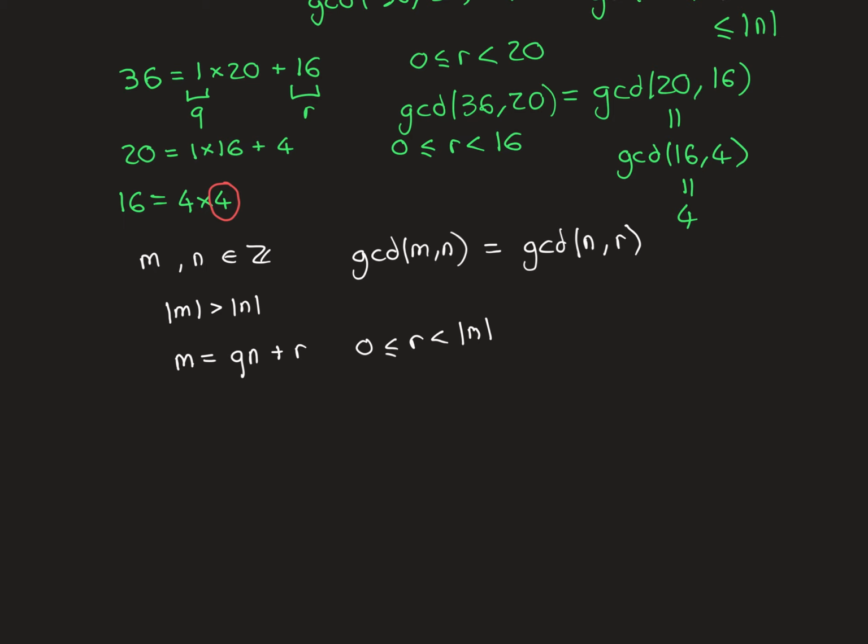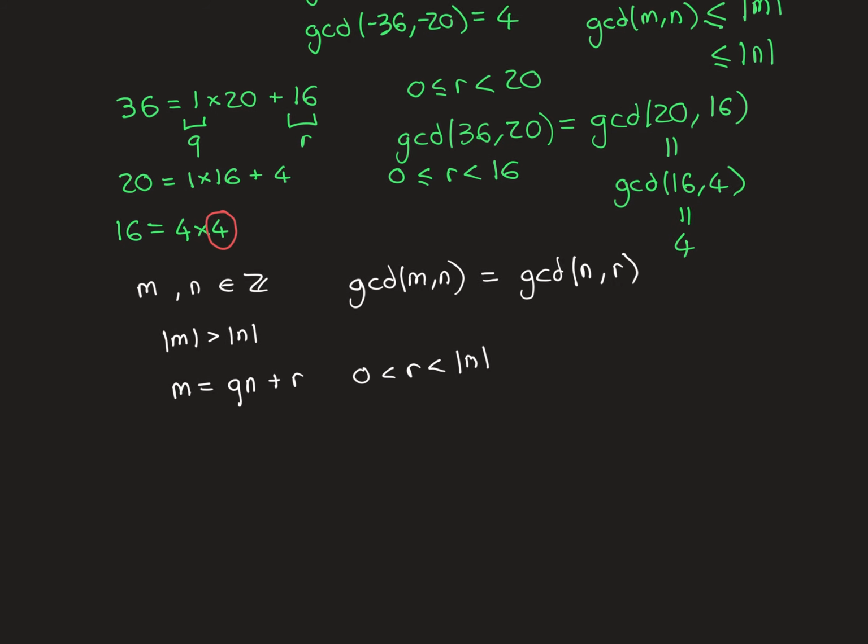And in fact, I'll delete this "is equal to" here. We're really only interested in the case when the remainder is non-zero, so it's going to be strictly positive. We want to understand why this is going to be true in that case. The way we can show this is we can show that any divisor that is a common divisor of m and n is also going to be a common divisor of n and r, and anything that is a common divisor of these two is going to be a common divisor of these two.